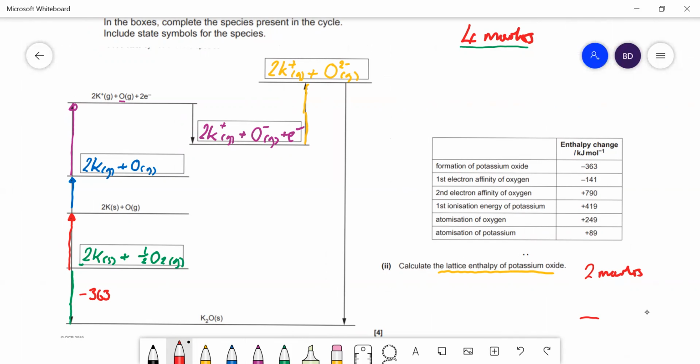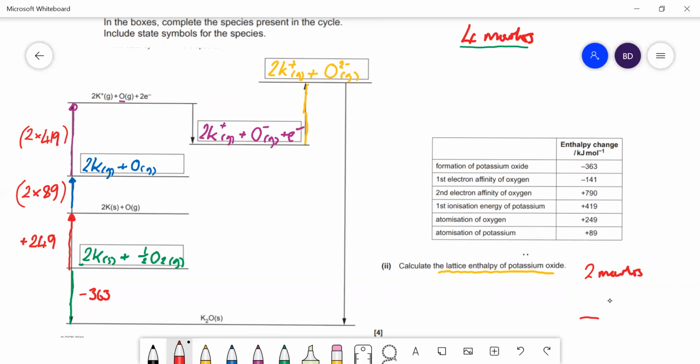Sorry, you've done the atomization of oxygen, so that's plus 249 there. Here we've done twice the atomization of potassium, so that's 2 times plus 89 for that bit. Here we've done twice the first ionization energy of potassium, so that's 2 times 419.